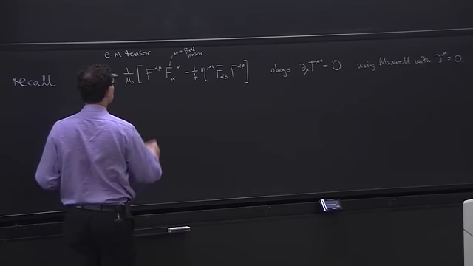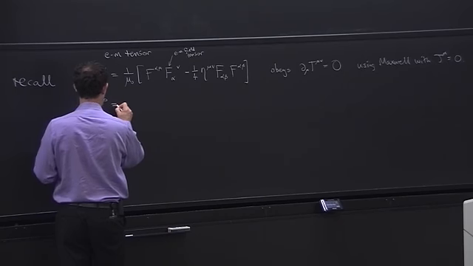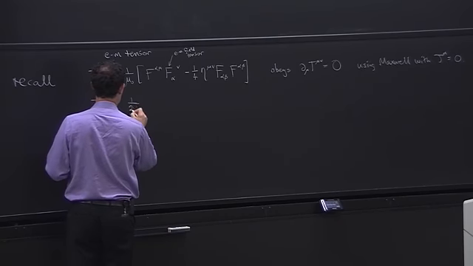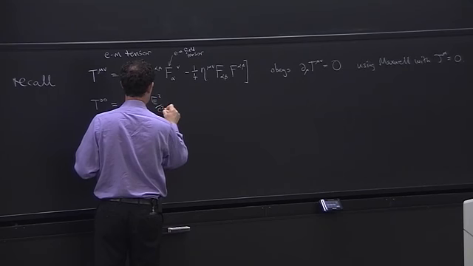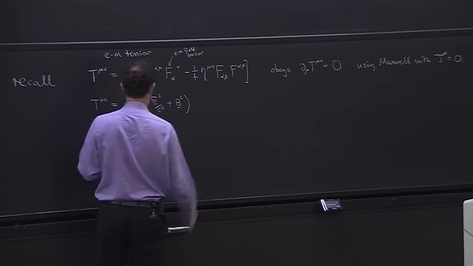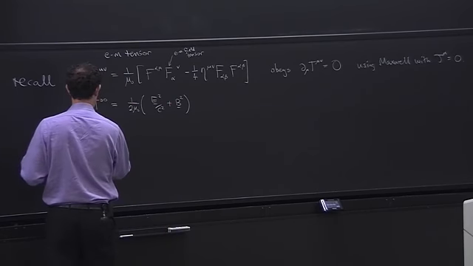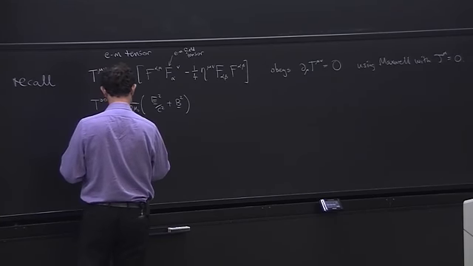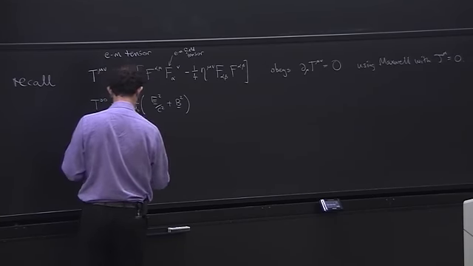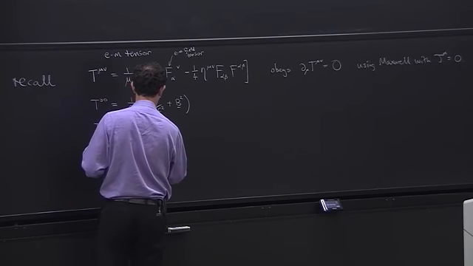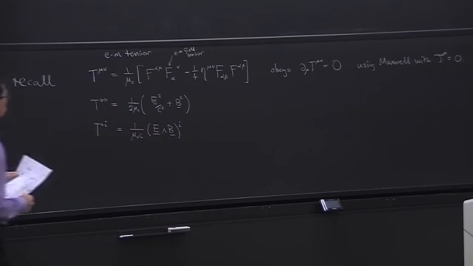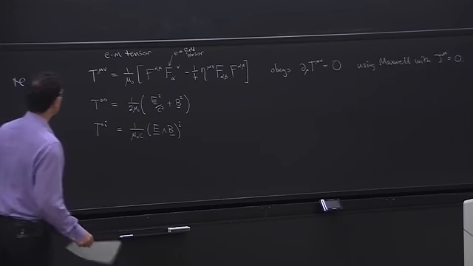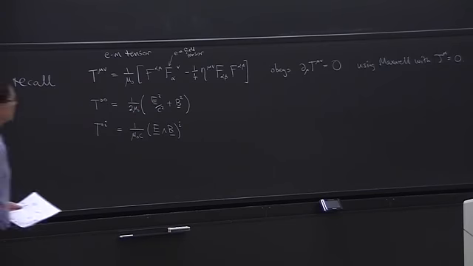The relationship is that T00 is 1 over 2 mu naught times E squared over C squared plus B squared, and T0I is equal to 1 over mu naught C times E cross B I. You can check that just by calculating the components. But the key equation is this one.